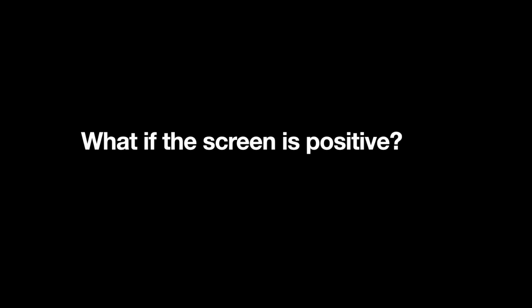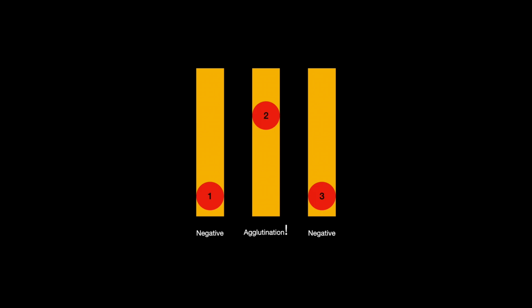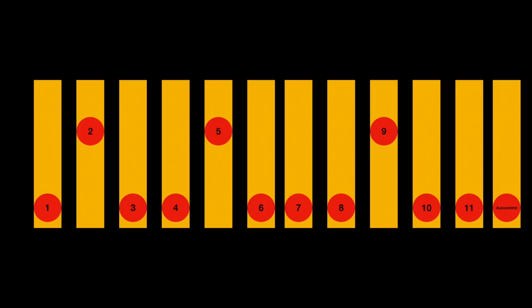However, what if the screen is positive? Remember that agglutination? What if there's agglutination? You can have it for 1 tube, 2 tubes, or 3 tubes. If it's 3 tubes, it might suggest there might be either an antibody to a very common antigen or that the patient has an autoantibody. If 1, 2, or 3 tubes are positive, then we have to proceed to the antibody panel.